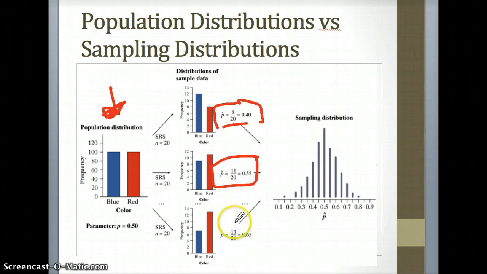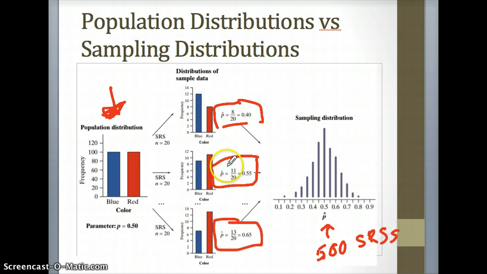And then a third student could have picked another. Putting them all together, this is many, many, many, about 500 SRSs. So this is 500 SRSs, each of size 20, put together in a dot plot. And this is the idea of our sampling distribution.